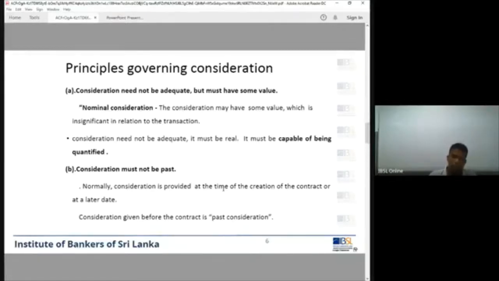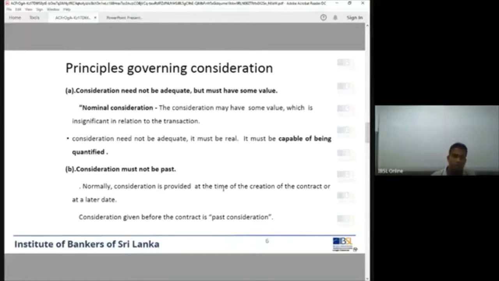A is purchasing B's property and signing deeds, and A says the money that I have given you as a loan should be considered as the consideration of this transaction.